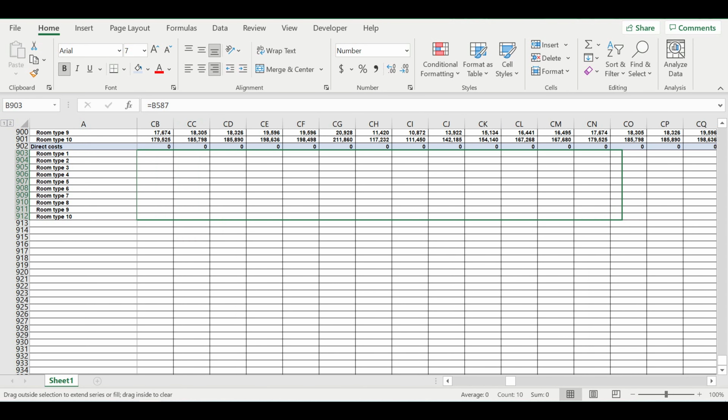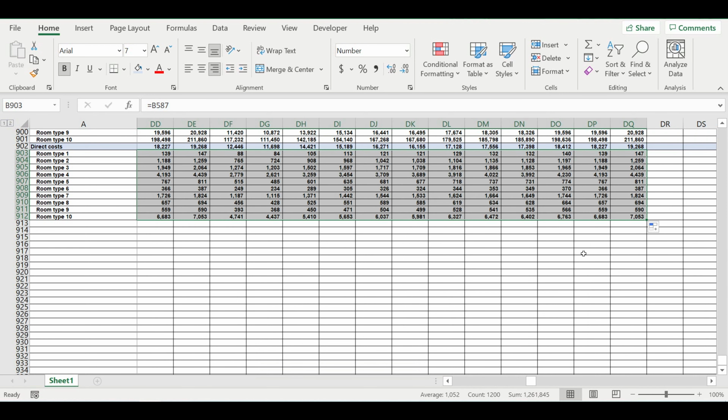Then we extrapolate the formula to our timeline from left to right.